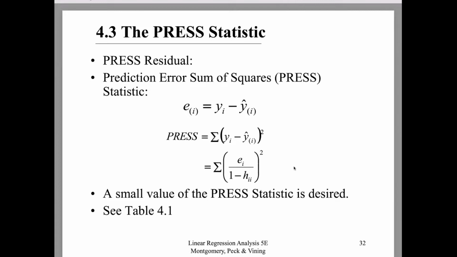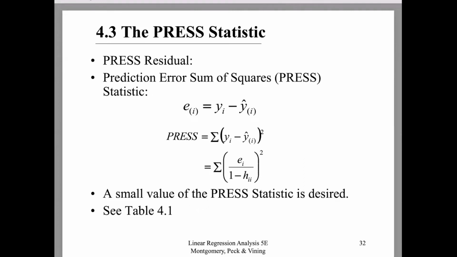Now, the way that we interpret a PRESS statistic is that larger values of the PRESS statistic are bad from the standpoint of how well that model is going to predict future observations. A smaller value of the PRESS statistic is desired. And so if we have, for a particular model, a relatively small value of a PRESS statistic, then we can be fairly confident that the model is going to do a good job of predicting future observations.